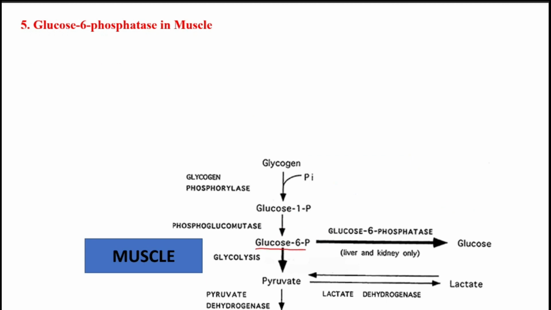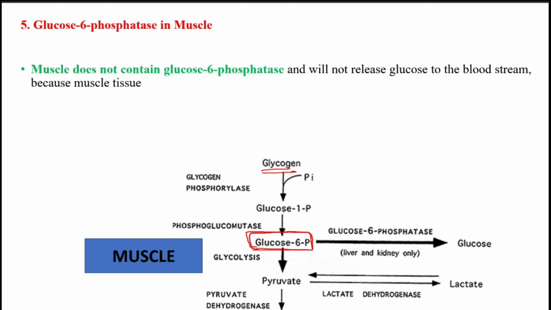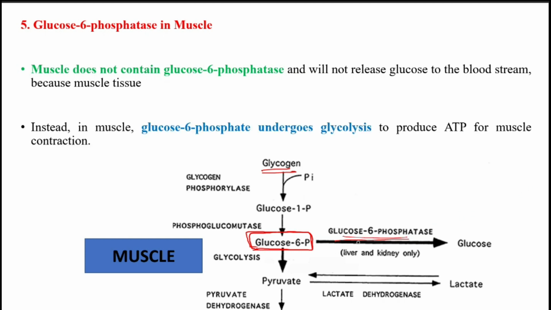Next, the fate of glucose 6-phosphate in muscle. When glycogen degradation occurs in muscle, the glucose 6-phosphate cannot be converted to free glucose, because the muscle does not contain the enzyme glucose 6-phosphatase. So this glucose 6-phosphate undergoes glycolysis to produce ATP for muscle contraction.